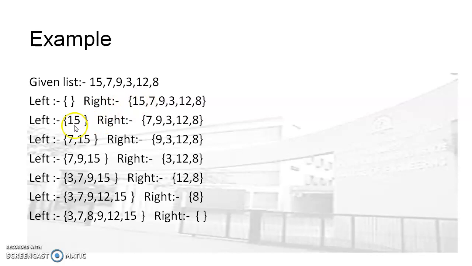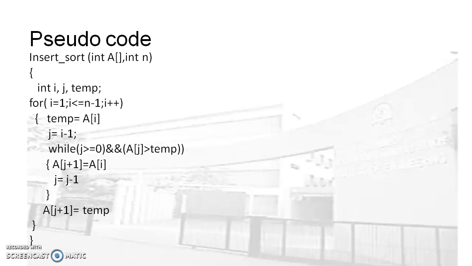So 15 will be placed in the left list, then 7 will be inserted at its appropriate position, then 9 will be inserted at its appropriate position, 3 will be inserted at its appropriate position. Continuing in this way, ultimately we get the entire left list as sorted and right list as empty. So that is the insertion sort algorithm.